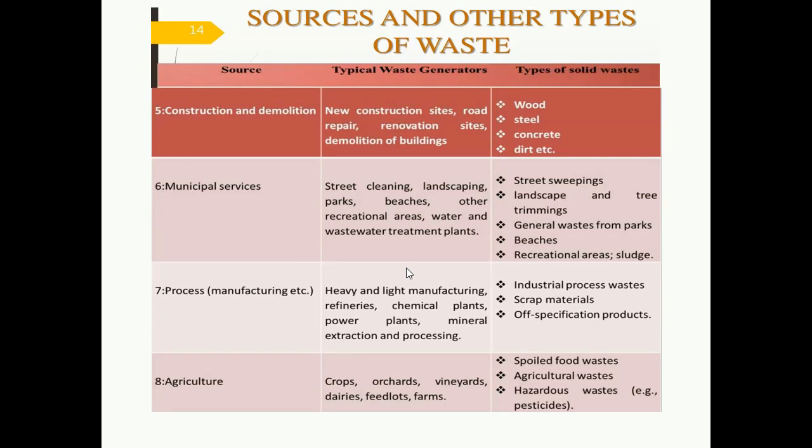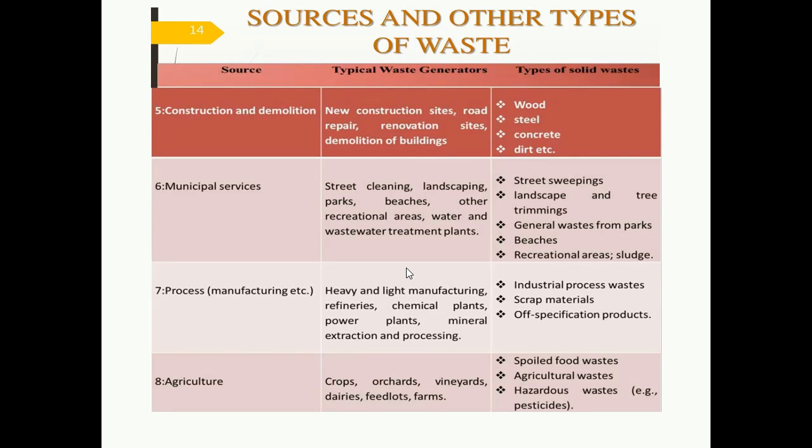The types of solid waste are industrial process waste, scrap materials, off-specification products. We are observing that the seventh one, manufacturing units, is a source of waste materials, with different types such as industrial waste and scrap materials.